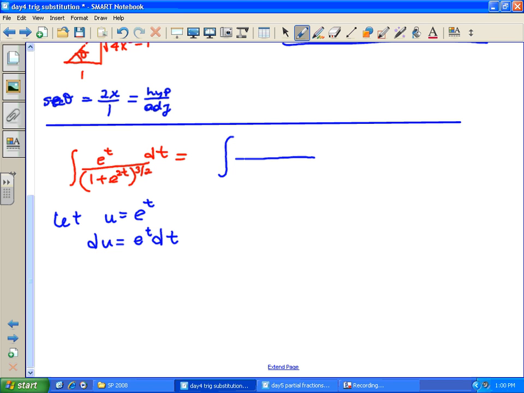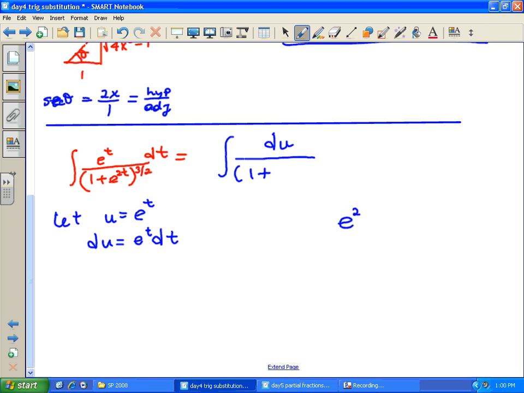If u is e to the t, du is e to the t dt. So clearly, e to the t dt can be replaced very simply by du on the top. So on the top, we converted the t's into u's with just a du there.